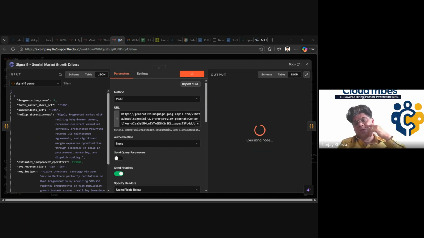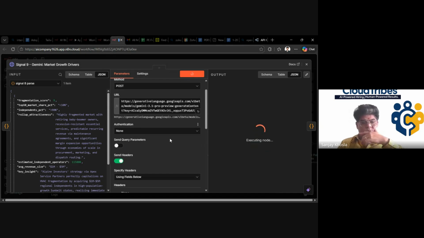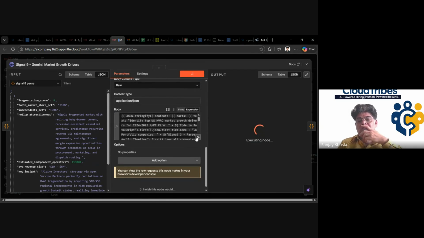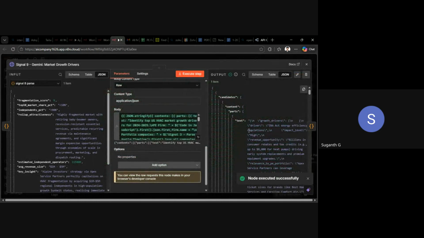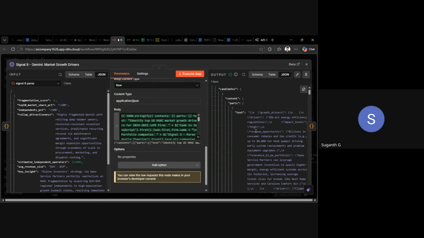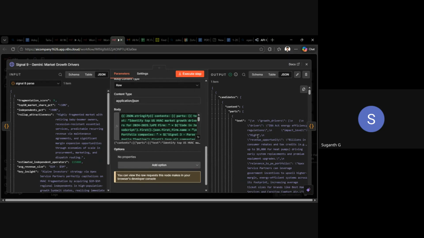And what would that be like? Market growth drivers, what does that entail? So let me fetch the data set. We got the data. So we get the information of the growth drivers from those companies. So we got the details here.